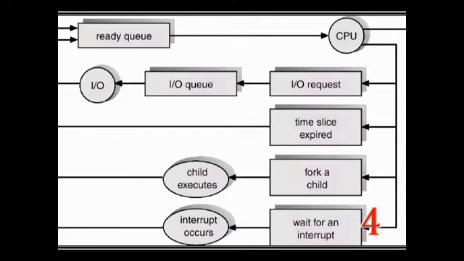Last event, wait for an interrupt: the process could be removed forcibly from the CPU as a result of an interrupt and be put back in the ready queue. Context switch: when the CPU switches to another process, the system must save the state of the old process and load the saved state for the new process via a context switch. Context of a process is represented in the PCB.